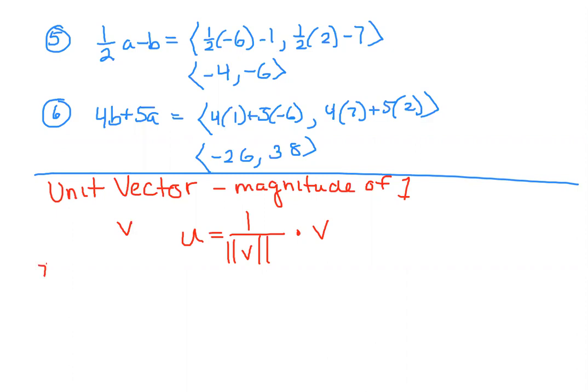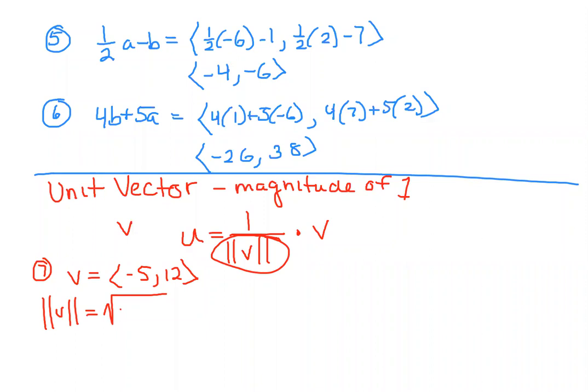So let's look at an example. We got v equals (-5, 12). It says find the unit vector u with the same direction as the given vector. We're going to have to find the magnitude. So that's going to be the square root of 25 plus 144. And if you do that, that actually equals 13.